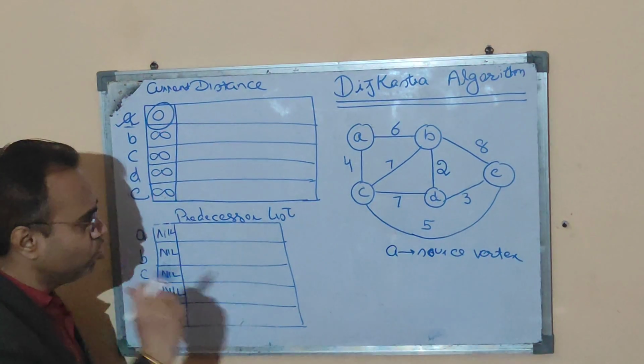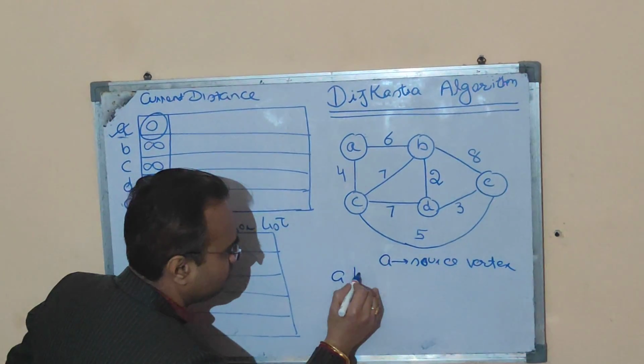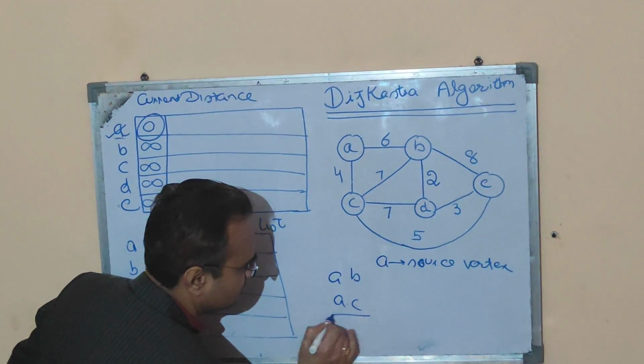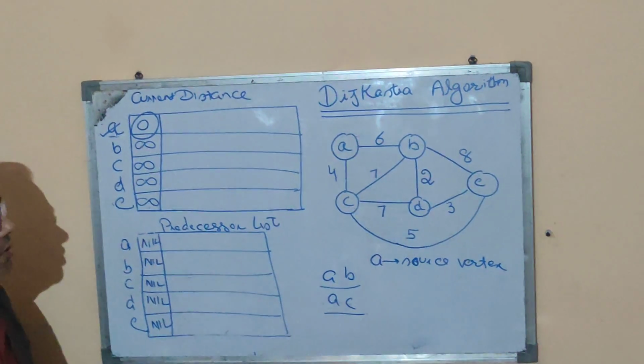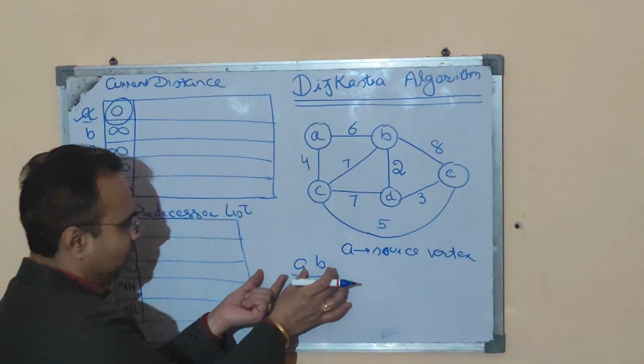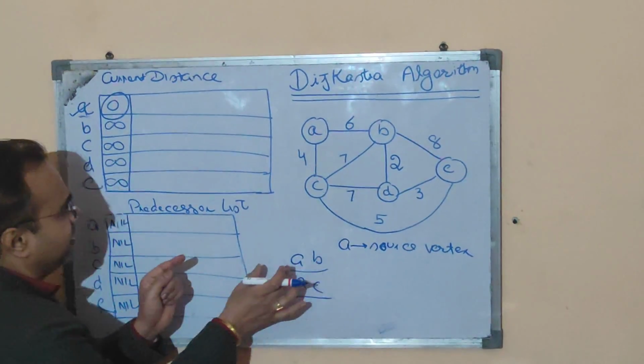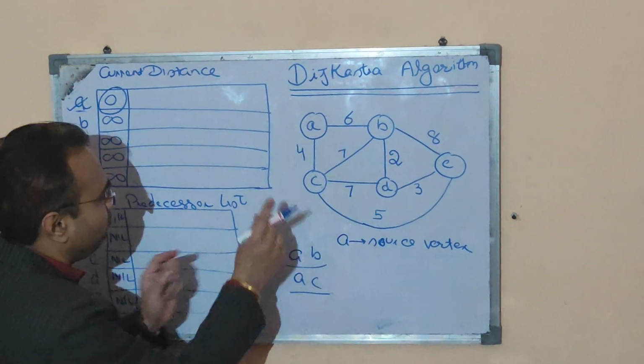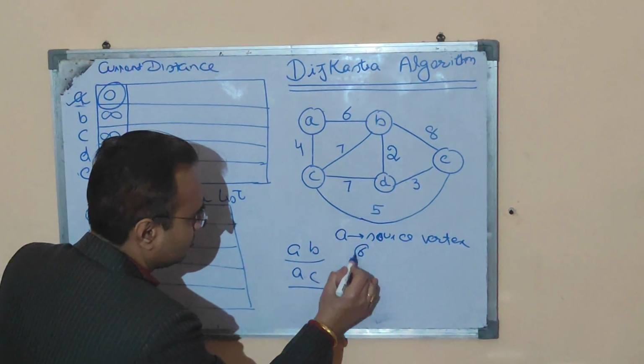From A, there are two outgoing edges, AB and AC. If we follow AB, it means that we have got a path of length 6.